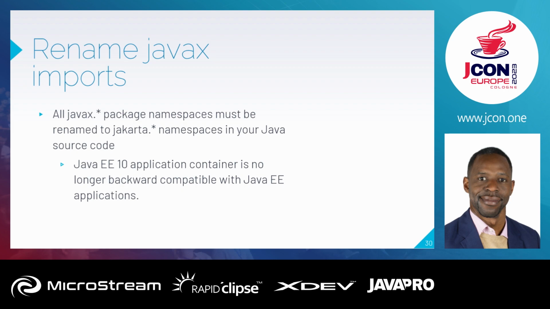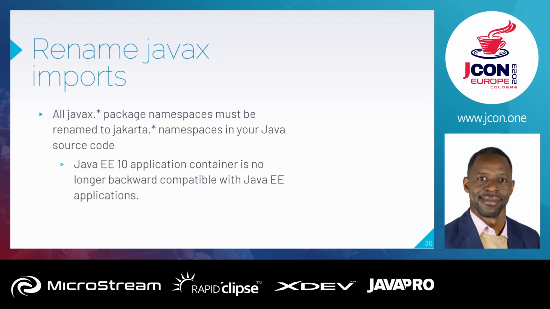So if you want to still use javax packages, the last one was Jakarta EE 8. So you can play around with Jakarta EE 8, it still supports javax, but once you go from 9, yeah.